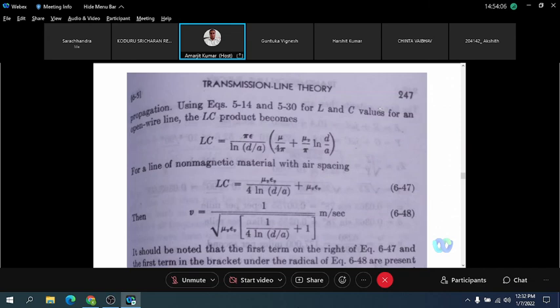And for a non-magnetic material, what will be mu r? For a non-magnetic material, mu will be equal to mu r mu naught, which will be equal to mu naught, because mu r will be equal to 1.